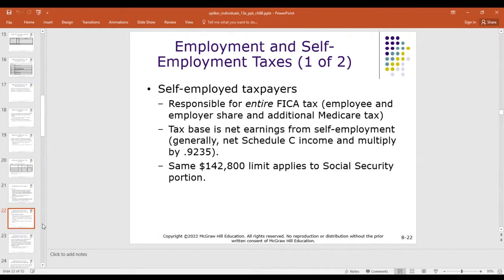Then whatever's left, we apply the same criteria for Social Security. The first $142,800 is taxed at 12.4%, twice the 6.2, and then the entire amount is taxed at 2.9%, 1.45% twice.